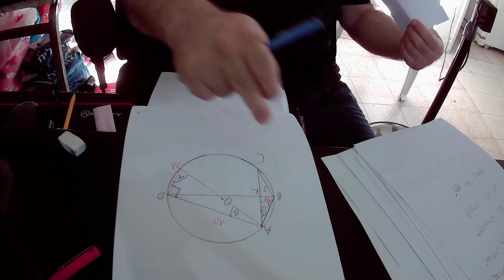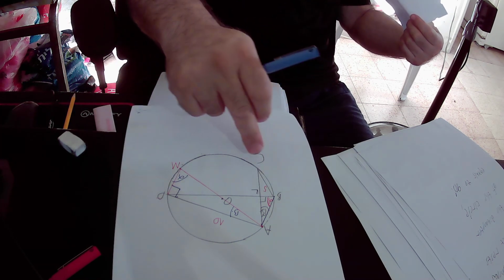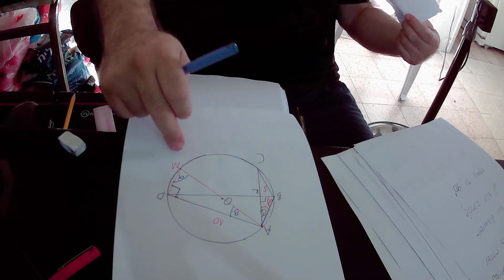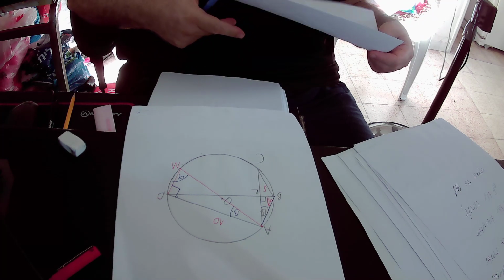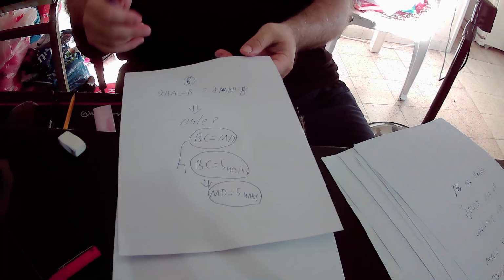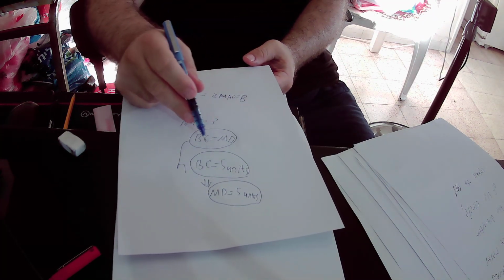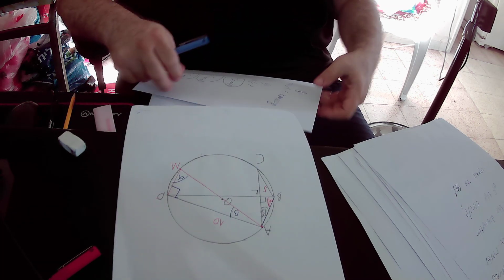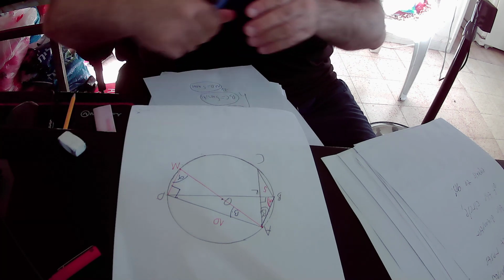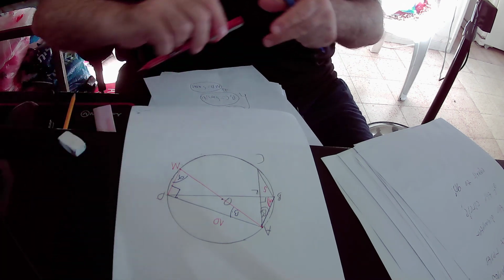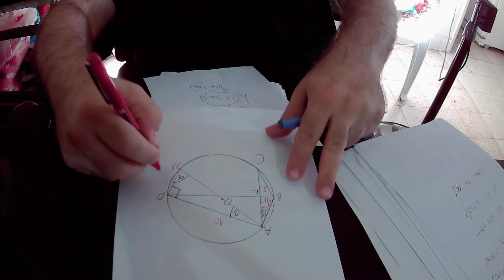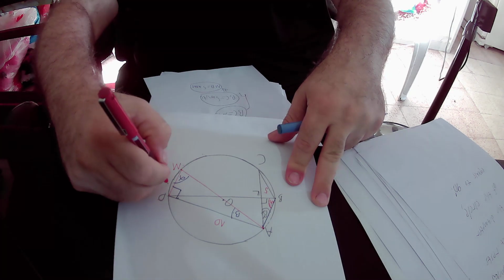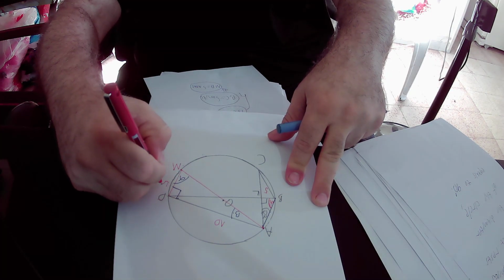BC equals MD, but BC equals 5 units, so MD also equals 5 units.